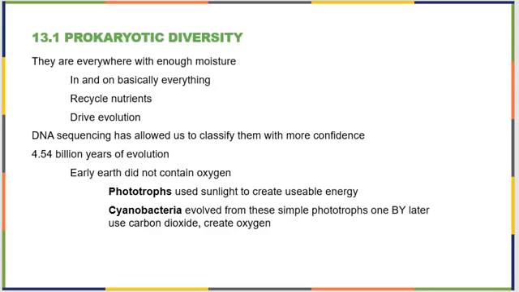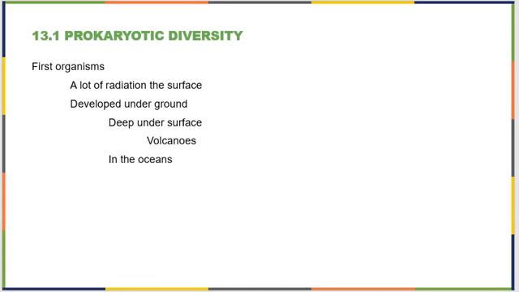So phototrophs were simply using sunlight to create usable energy without that Calvin cycle that we are used to. Cyanobacteria eventually evolved from these simple phototrophs about 1 billion years later, using carbon dioxide and slowly pumping our atmosphere full of oxygen.